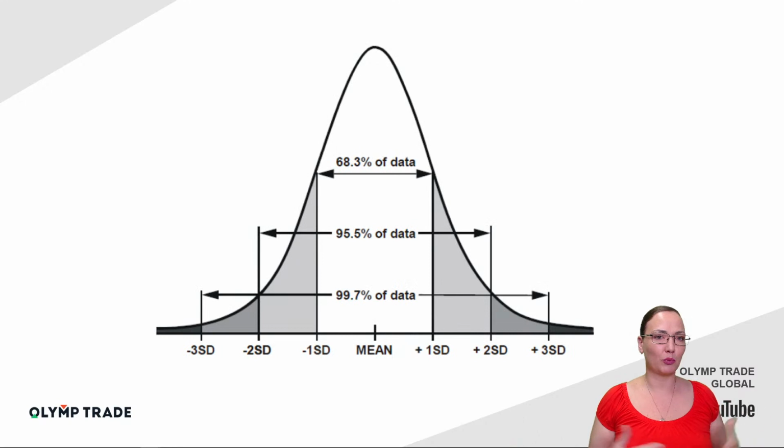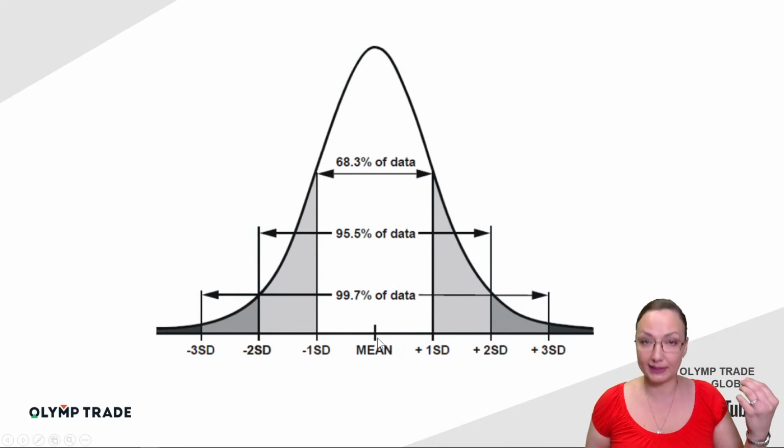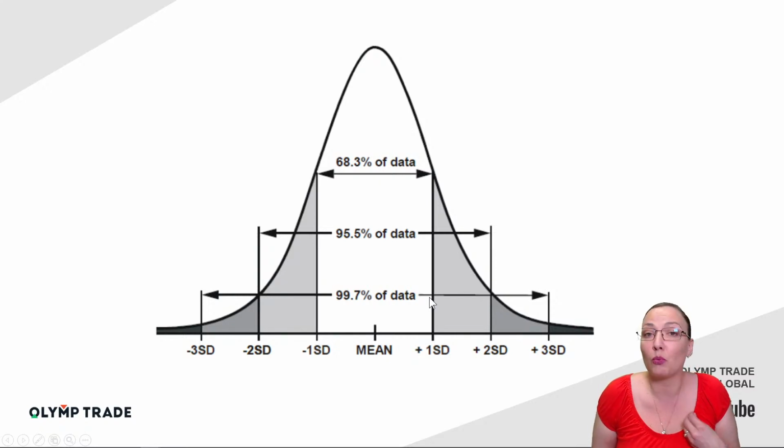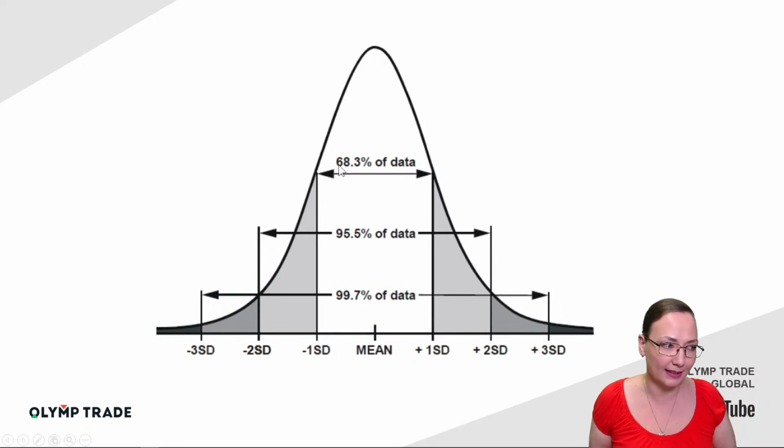The mean is going to be our simple moving average of 20. And we have 1 standard deviation, 2 standard deviations, and 3 standard deviations. By default, what we see on the chart is the 2 standard deviations. Very quickly, what these numbers mean is that the data is going to be contained within the 1st standard deviation at 68.3%.